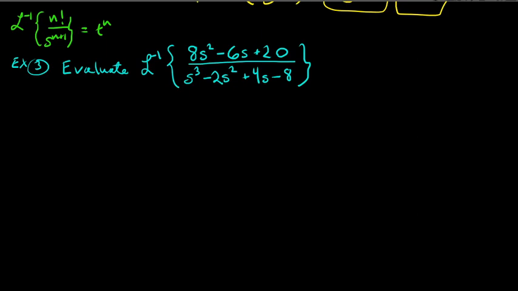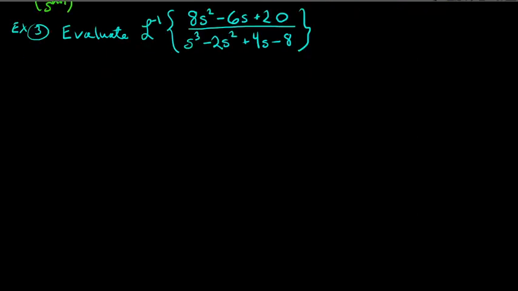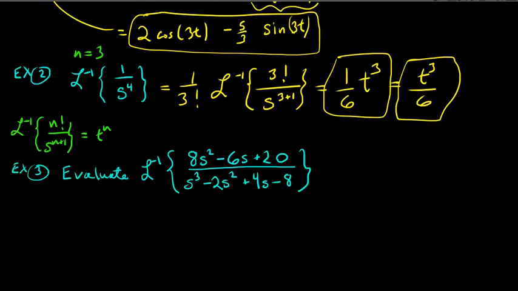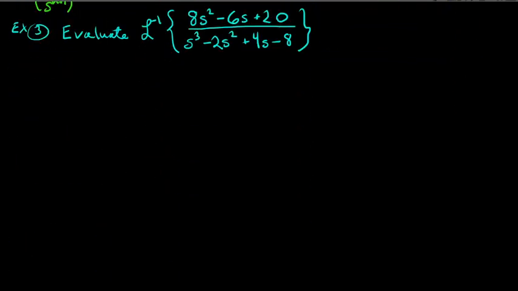So we want to evaluate the inverse Laplace transform of (8s squared minus 6s plus 20) all over (s cubed minus 2s squared plus 4s minus 8). And that looks pretty crazy. We did one sort of similar to that here, but this one's not going to be quite as nice.